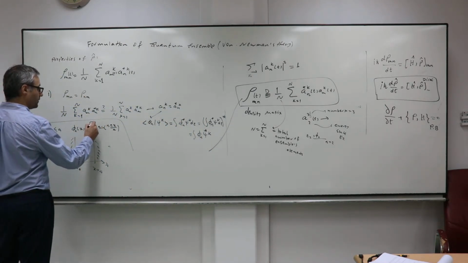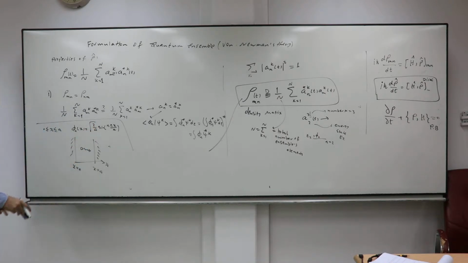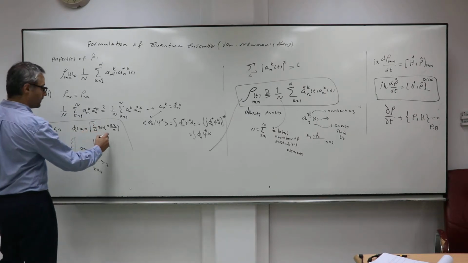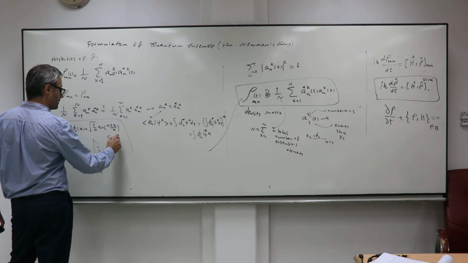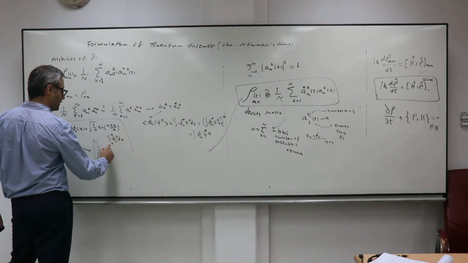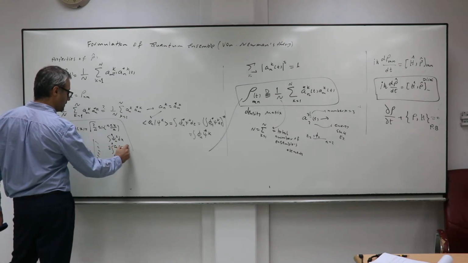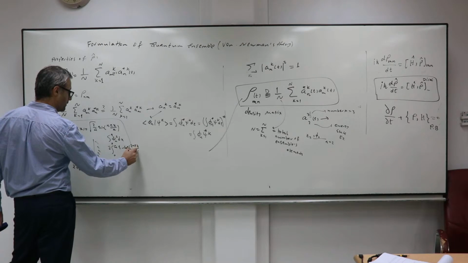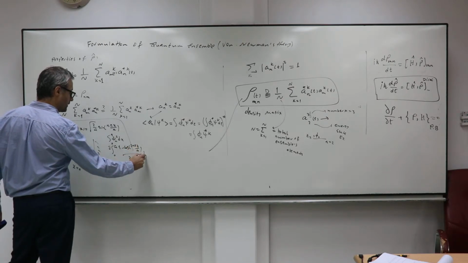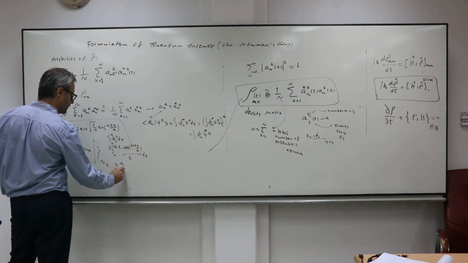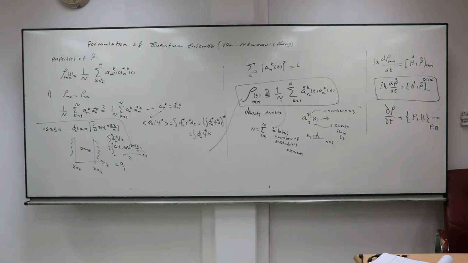Long time I didn't use this. Can check it: the integral of phi_n squared dx from 0 to a will be the integral of sine squared. Sine squared is 1 minus cosine of double angle over 2, so it will be a over 2. So the normalization is radical 2 over a.